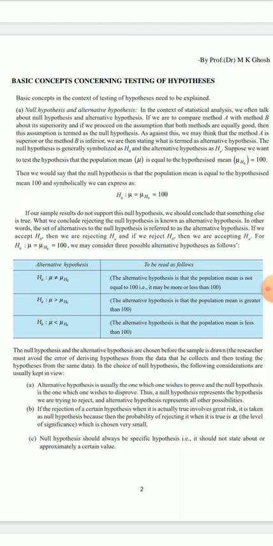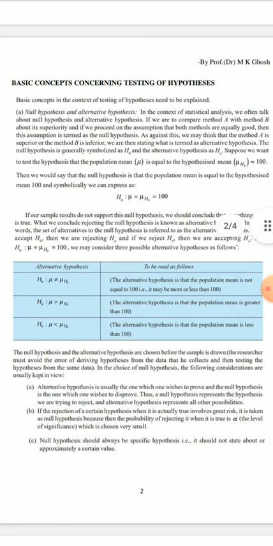Again I repeat. HA: mu is not equal to mu H0, then the alternative hypothesis is that the population mean is not equal to 100. It may be more than or less than 100. HA: mu is greater than mu H0, then the alternative hypothesis is that the population mean is greater than 100.